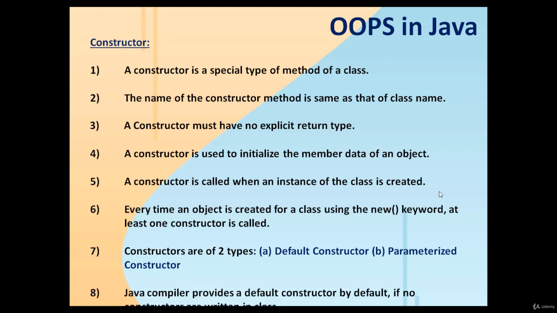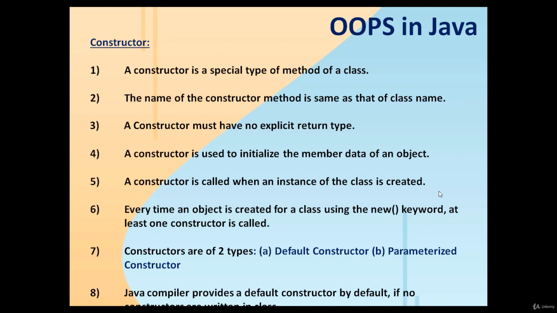So what is basically a default constructor? It is the compiler-defined constructor. Just imagine we wrote a class Account in our program, and we have not defined any constructor, that is, a method with the name of the class and no return type.